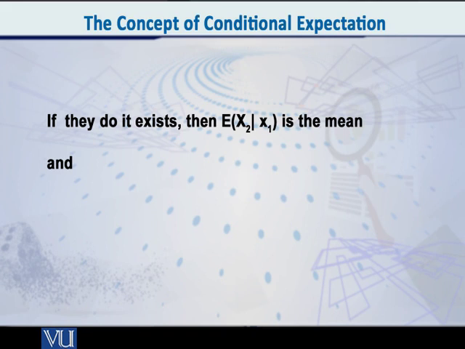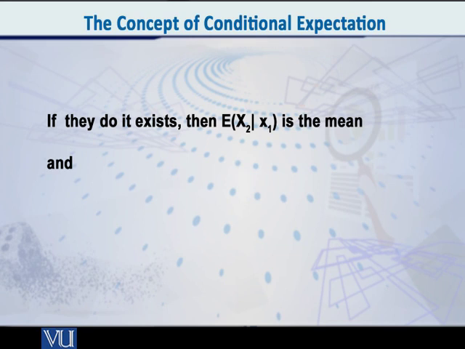Obviously, we will have expected value of x2 given small x1 is equal to the integral from minus infinity to infinity of x2 into f of x2 given x1 dx2. तो ये जो अब मैंने कहा, obviously this is what can be regarded as the conditional mean.